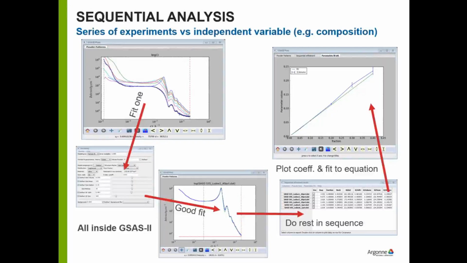So the expectation is that the sequence doesn't change too much from one to the next, because that's the way you do measurements. It doesn't bounce around. And then you get this table of the sequential results. And you can pick one of these columns, any one of them, and plot them versus whatever the independent variable is. And that will then give you how whatever varied from one of these patterns to another, depending on what you did to the conditions.